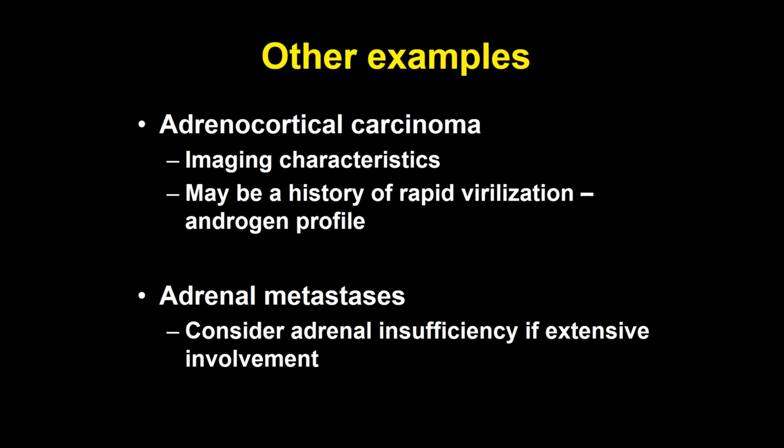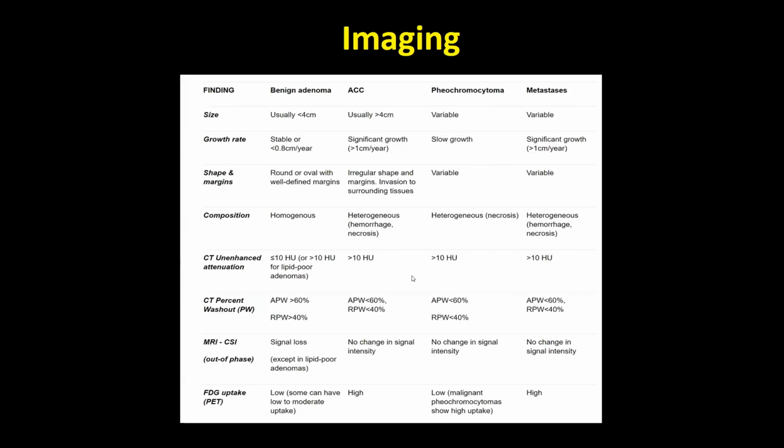Adrenal metastases, that's where you're going to be seeing something on the CAT scan, with a history of pre-existing malignant disease often. And that's where we often will use PET imaging to confirm if this is a metastasis, to decide what the appropriate management will be there.